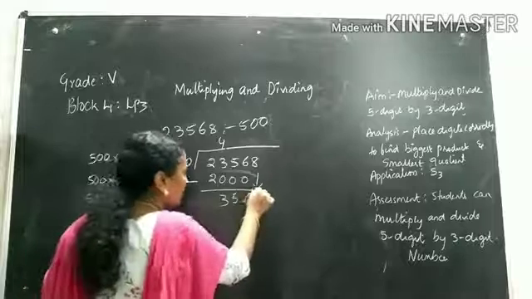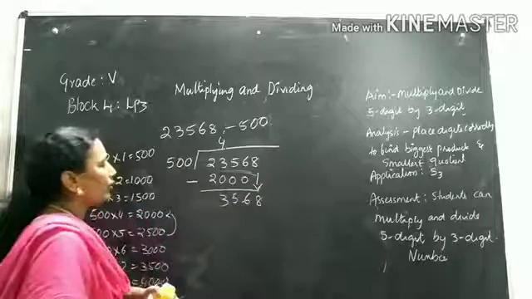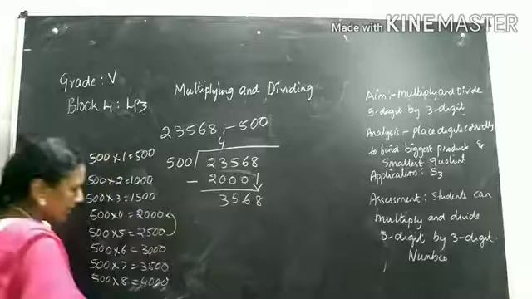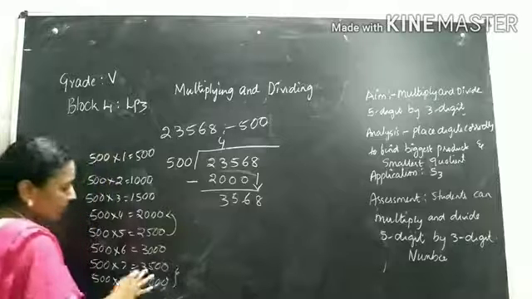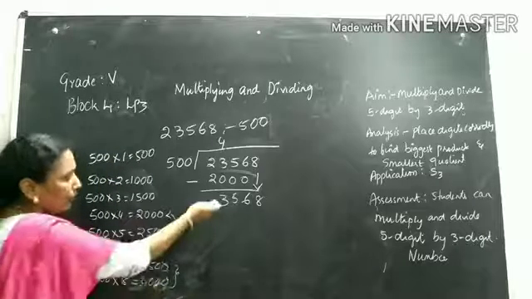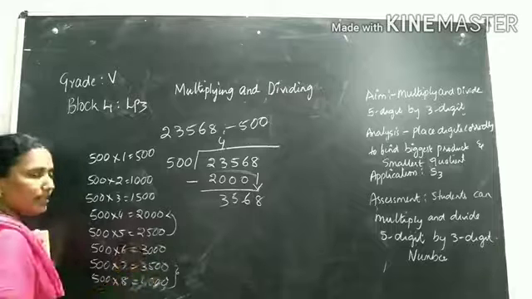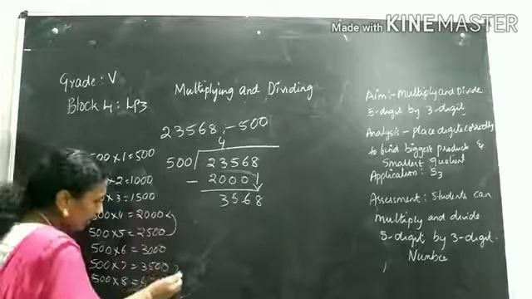Now take down this number 8. Now compare this 3568. Where it lies between? Yes, it lies between 3500 and 4000. But 4000 is greater than 3568. So I am going to take the before number.